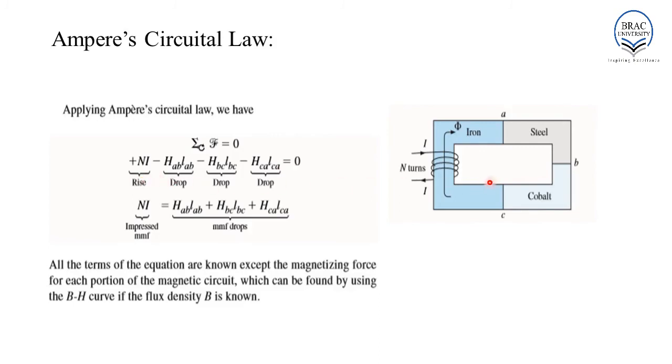Now, in this particular electromagnet, three different materials are used. Therefore, the product of H and L will be different for each of these materials.